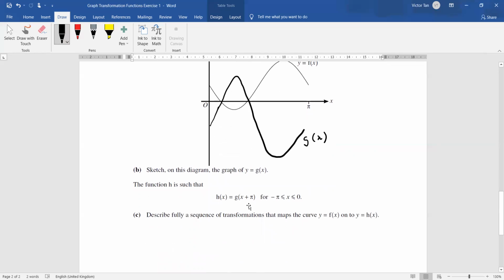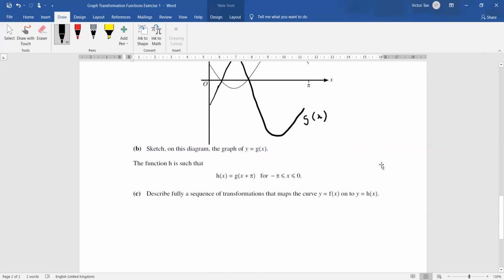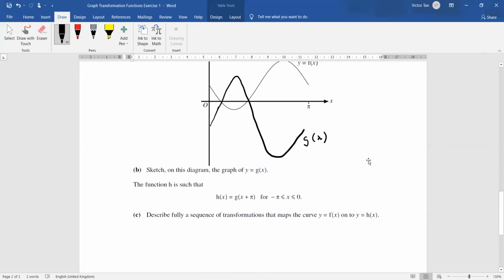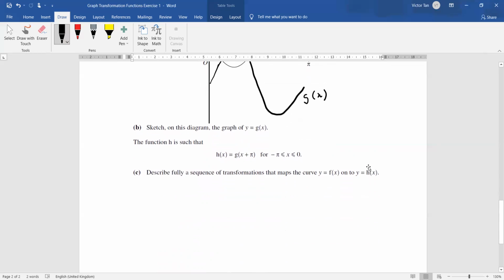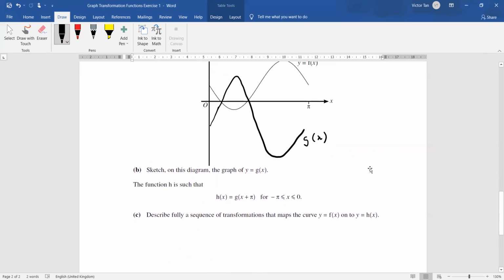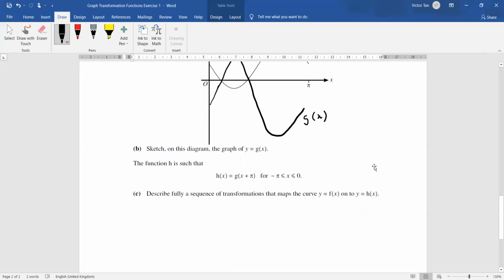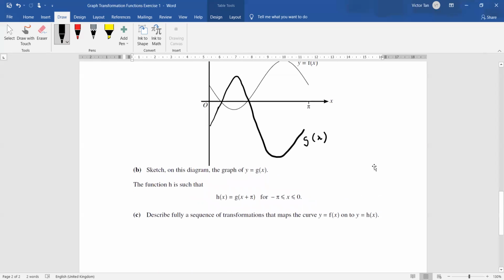Function h is such that h(x) equals g(x plus pi), for x from minus pi to 0. Again, this is the function notation of a graph transformation. g(x plus pi) will be a horizontal translation by minus pi. From f(x) to g(x), again, you first describe your stretch.